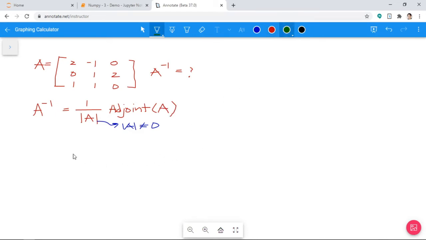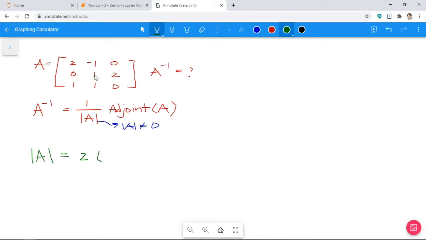So again, how will you find the determinant of this one? From the previous example, we can find the determinant for a 3 by 3 by using this one. Okay, so we have 2.